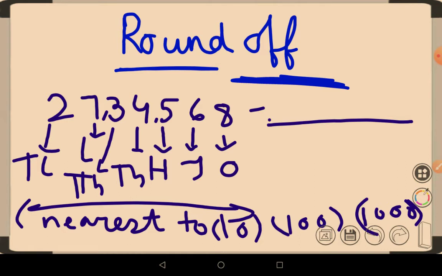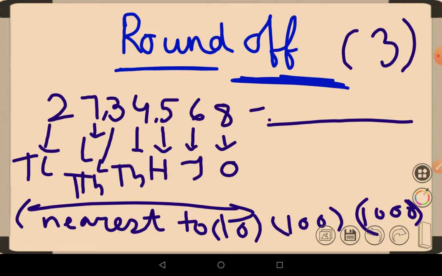We can round anywhere, but from the basics we will learn only these three. Watch carefully how to round off the number 2, 7, 3, 4, 5, 6, 8.